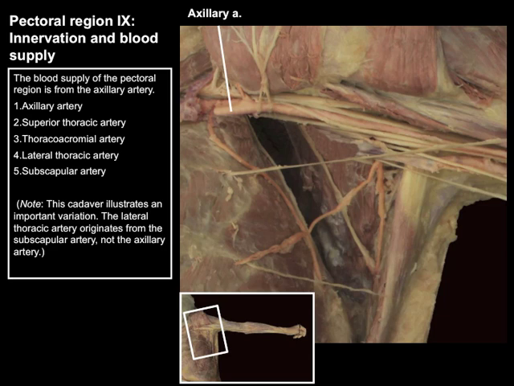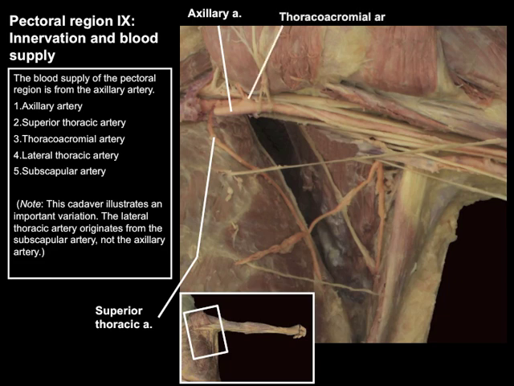The branches of the axillary artery include the following: the superior thoracic artery, thoracoacromial artery, the lateral thoracic artery, and the subscapular artery. This cadaver illustrates an important variation. The lateral thoracic artery originates from the subscapular artery, not the axillary artery.